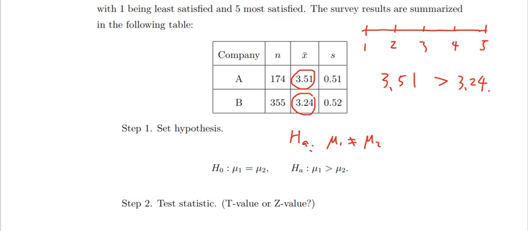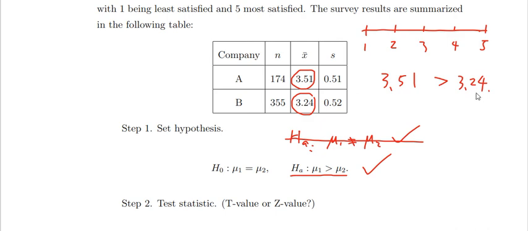But in this example, the one-sided choice makes more sense. We want to say company A is better than company B. We don't care whether they're the same or not. Choosing the other is also okay, but this one makes more sense. So what HA is actually depends on us, on what our purpose is.